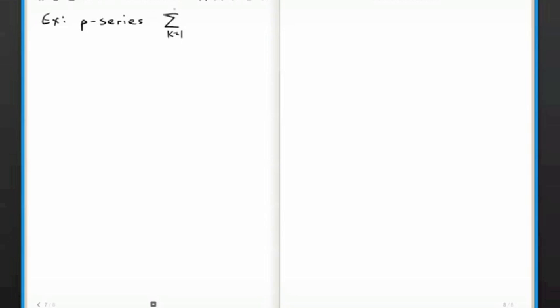I could use anything. k equals 1 to infinity of 1 over k to some power p. And what does that look like? That'll look like 1 over 1 to the p plus 1 over 2 to the p plus 1 over 3 to the p, and that just keeps going on.